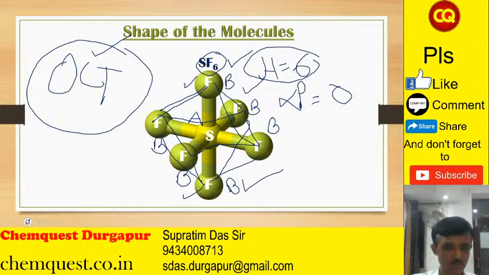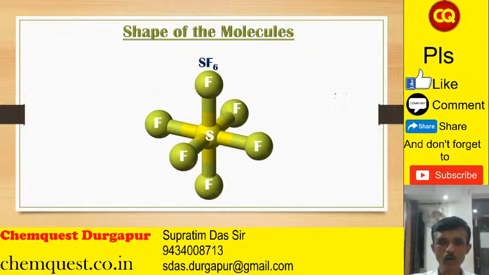Which one is the square planar base? These four fluorine atoms form a square planar base with 2 fluorine atoms above and below.